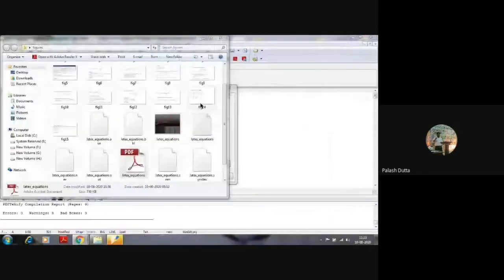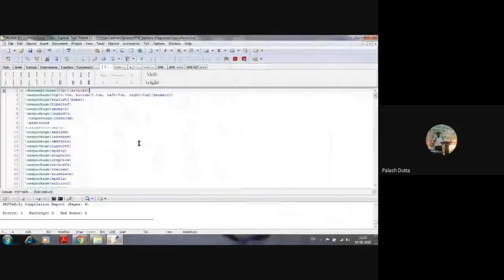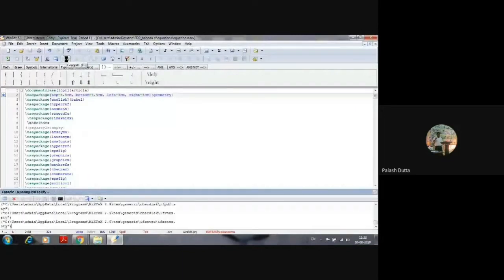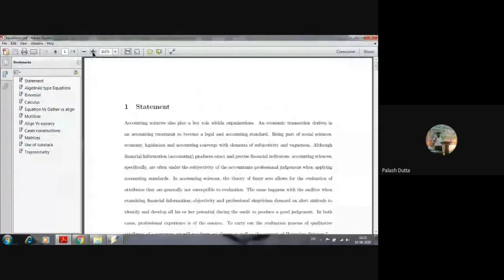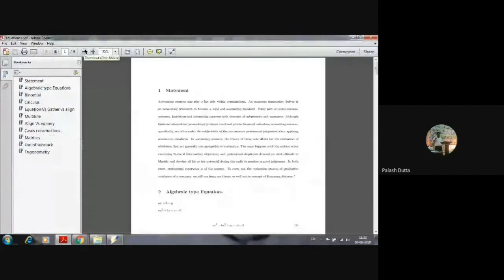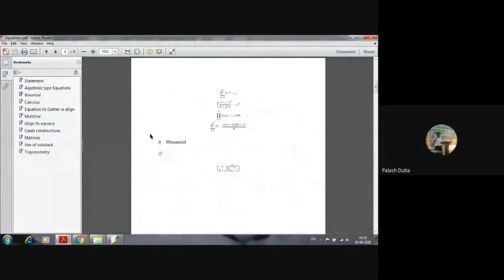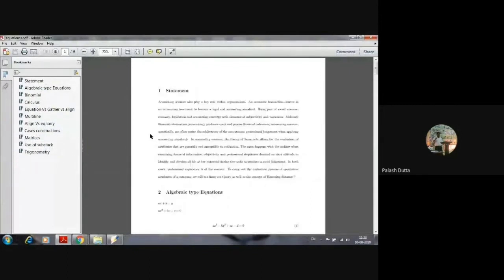We will discuss writing equations, then numbering and alignment. So first I want to start with a general statement, right?